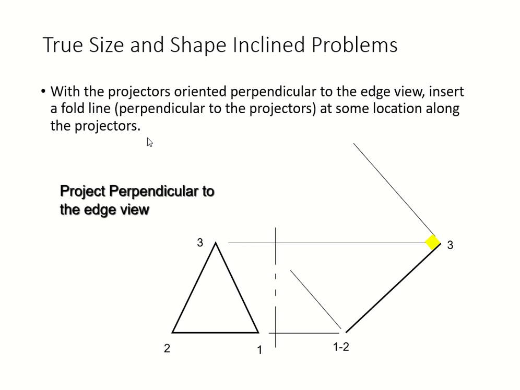It is written in the English language, but you have to be so careful about what you're doing each step of the way, and don't do anything more than what it is saying here. So it says insert a full line. So we're going to insert the full line at some location along the projector. That full line has to come at some location along that projector we just drew, oriented perpendicular to the edge view.